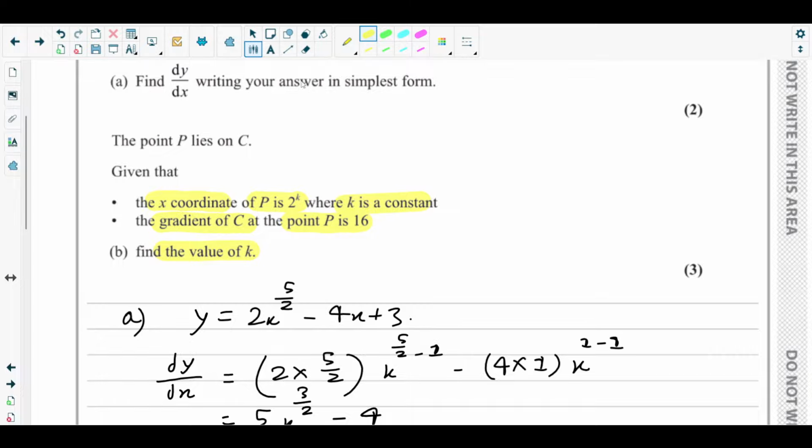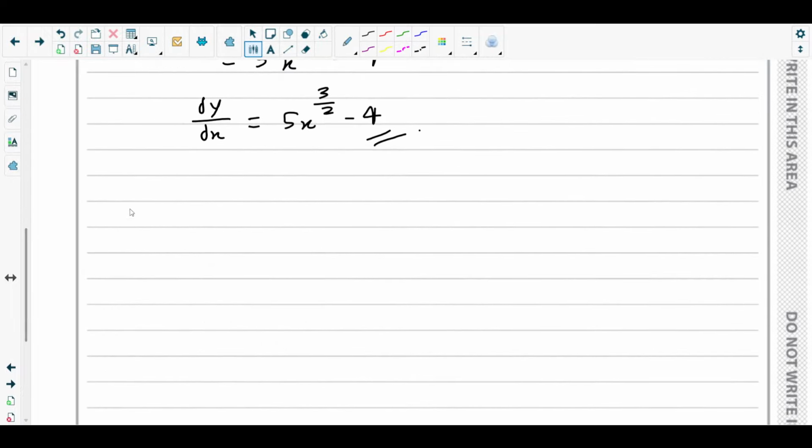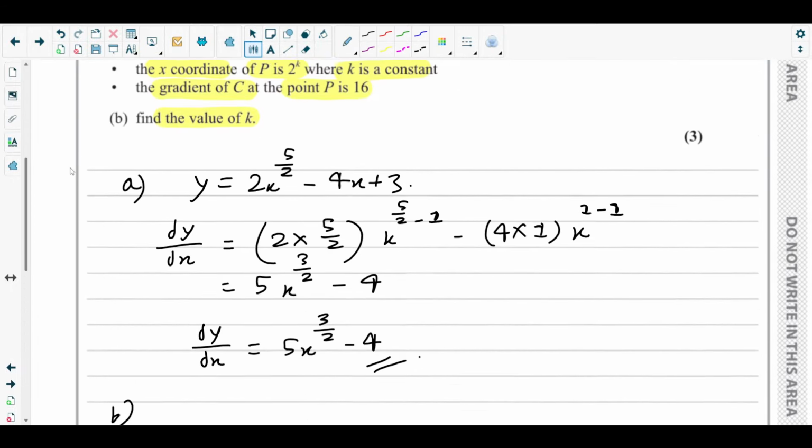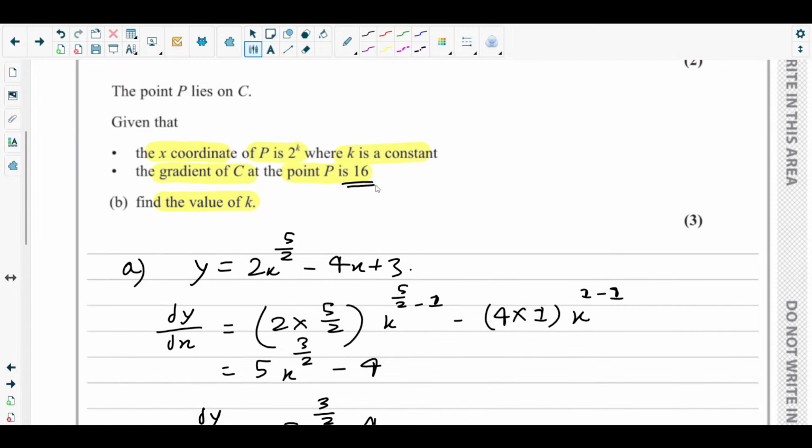Since the gradient is given here, and we just found the derivative in part A, we can equate the gradient to the derivative.